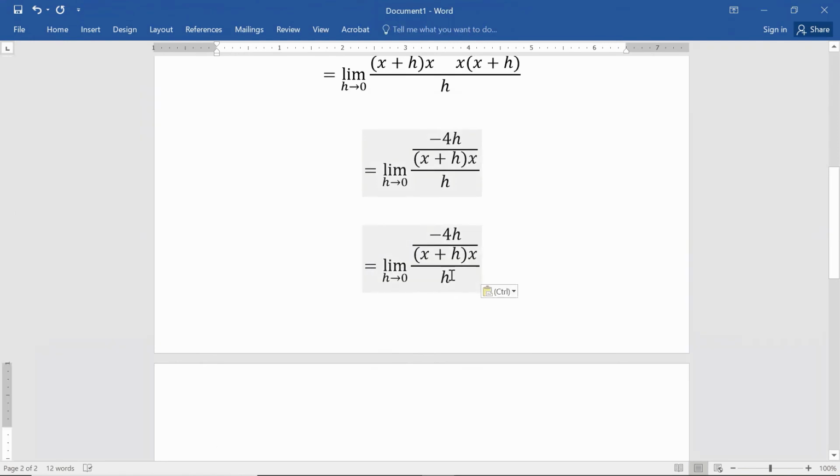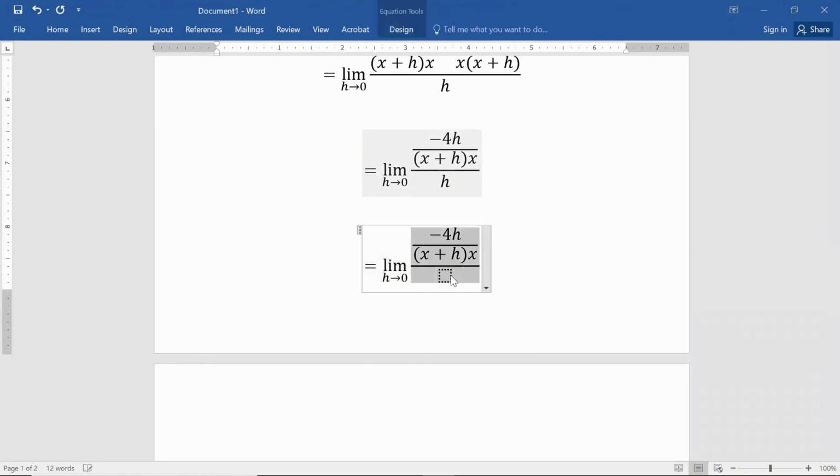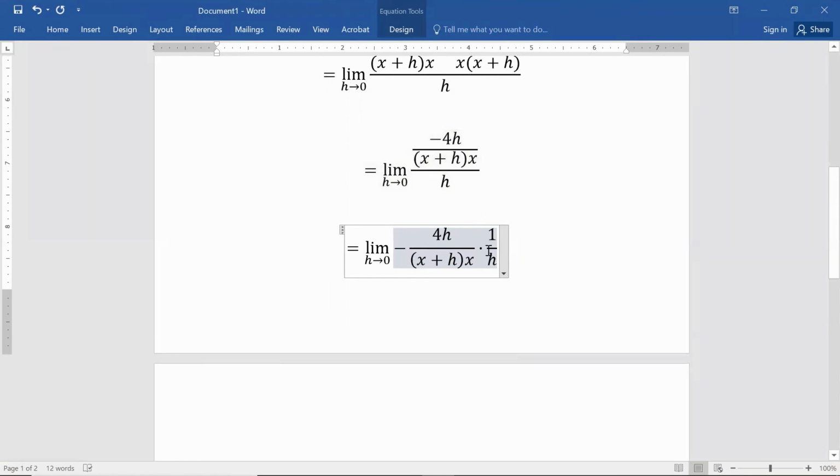Let's take a look at this. Well, dividing by h is the same thing as multiplying by 1 over h. So let's multiply times 1 over h instead of dividing by h, just to see how that works.